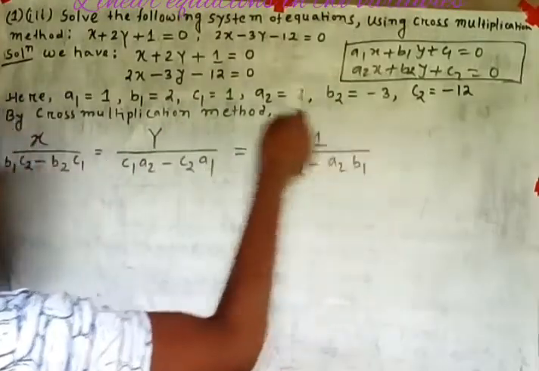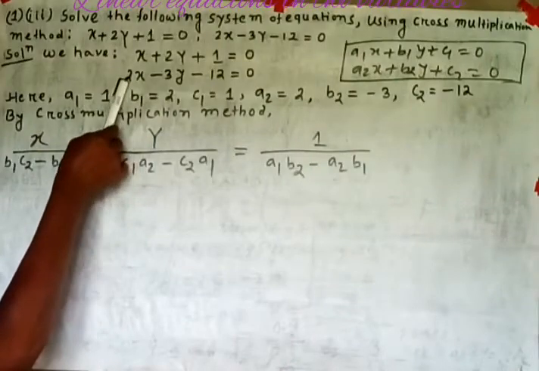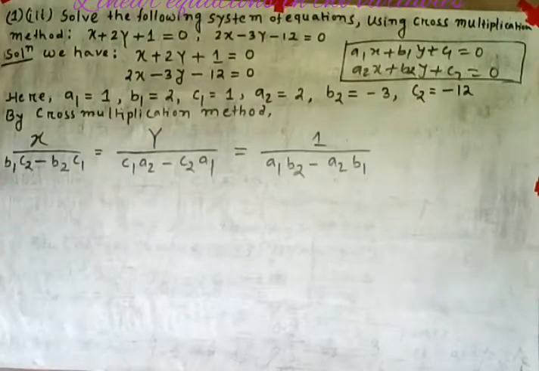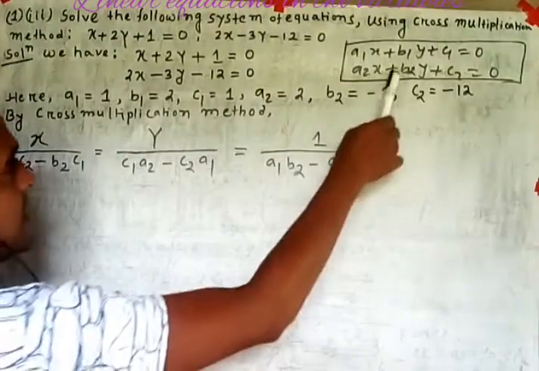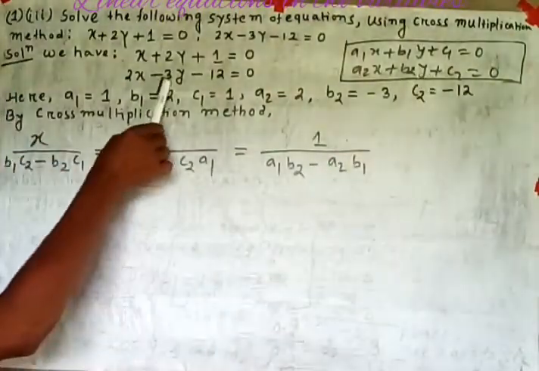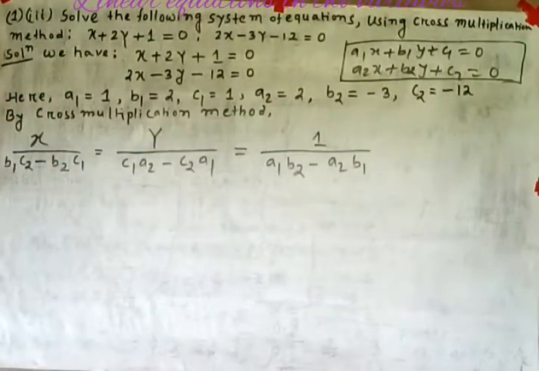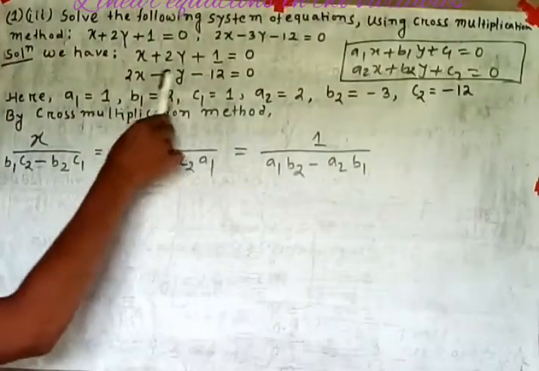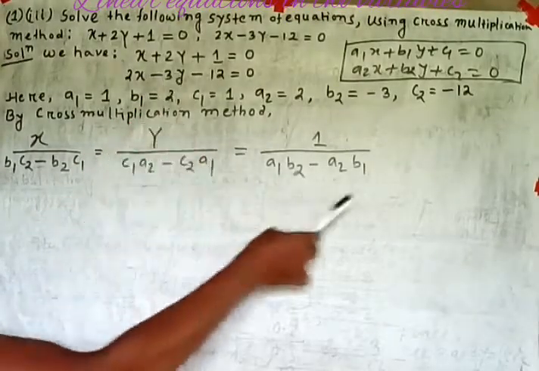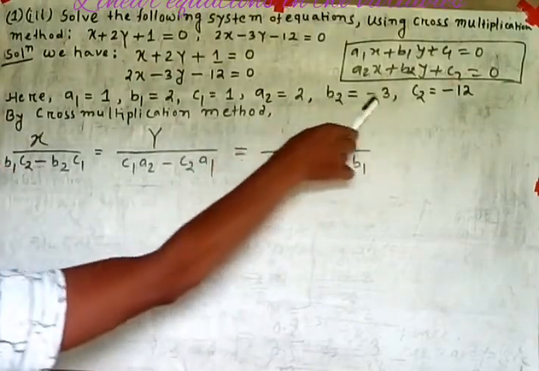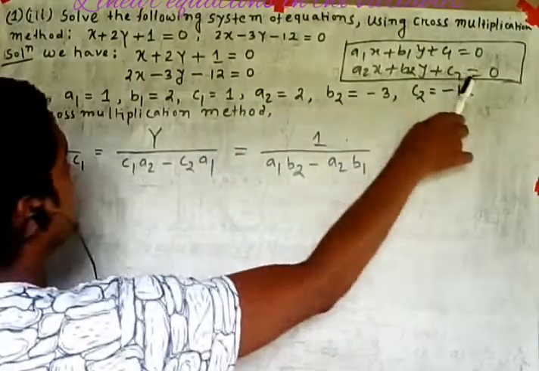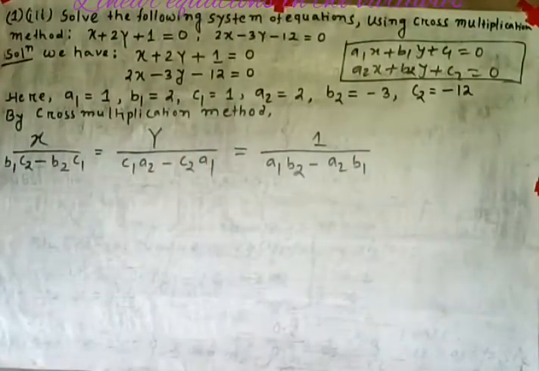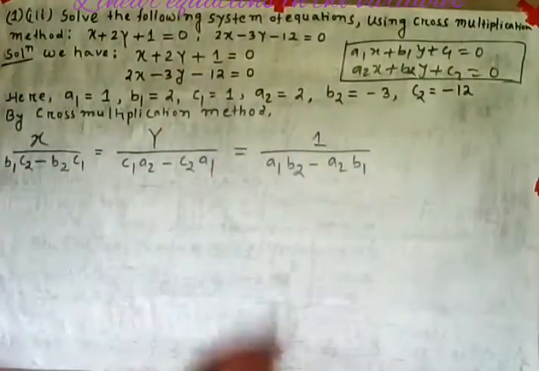Similarly a2x means 2x, so 2 will be the value of a2. Then b2y: here it is minus 3y, so we take the minus sign with the number, and b2 is minus 3. Then c2 has a minus symbol again, so the c2 value is minus 12.